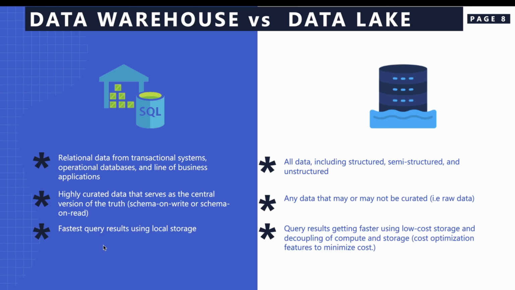And this third point is a very important point. It says fastest query results using local storage. Data warehouse query execution becomes faster by using local storage. If we apply some SQL query on the data, like select column from this table, then that data goes through multiple stages.